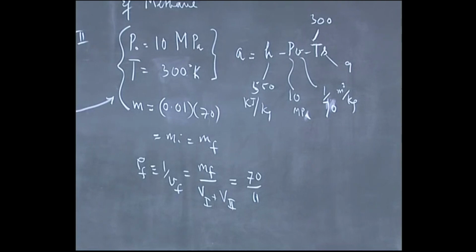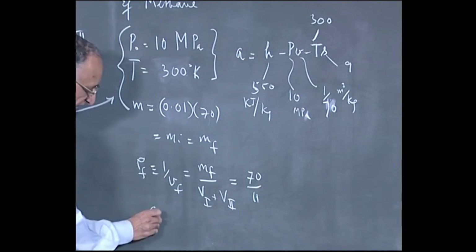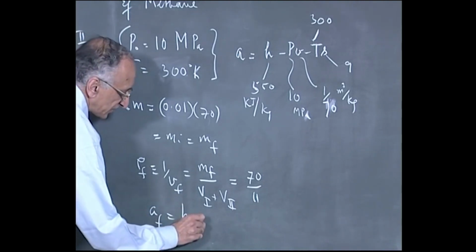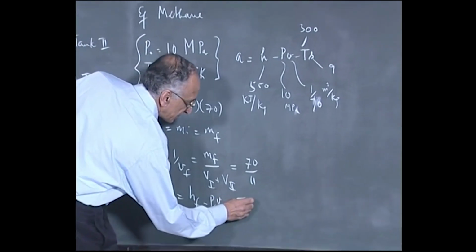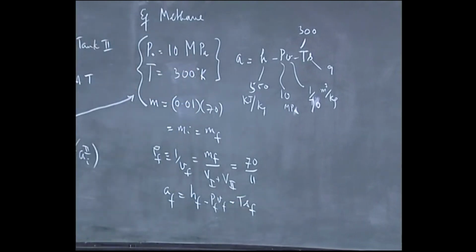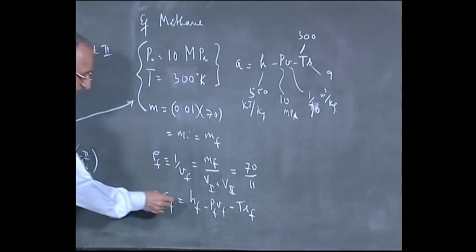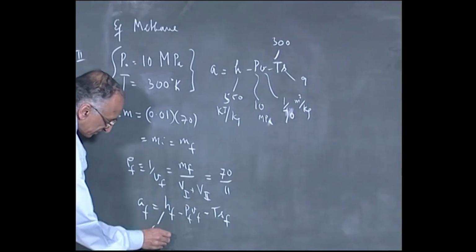So you see the volume line at about 6.6, it intersects the 300-degree line at some enthalpy which is about 650. So you have to locate that point, the enthalpy at that point, again you are calculating AF equals HF minus PFVF minus TSF. This HF is about, you can read it more carefully, 650.